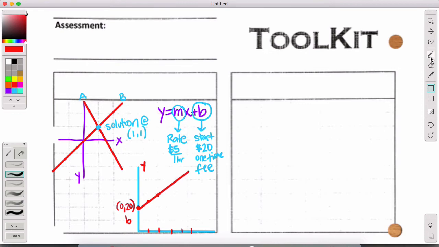And then to remind myself where I got that line from, I'm going to put a slope triangle right here. That is $5 for 1 hour. The change in y was 5, and the change in x was 1. $5 for 1 hour. So I think that's a good summary of what's happening on that first page.